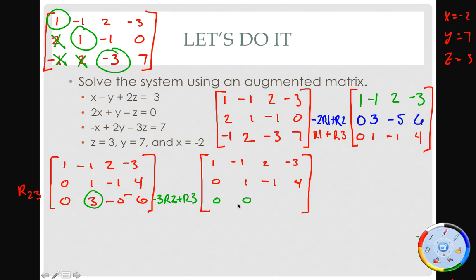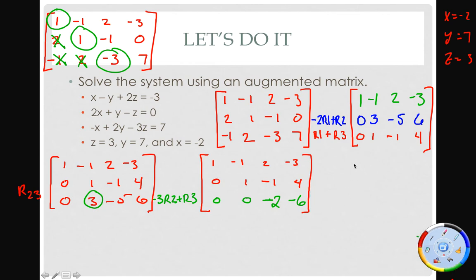Get that 0, that's good. Well, this becomes a +3 and a -5. So that becomes a -2. And this becomes a -12 plus 6, which is a -6.